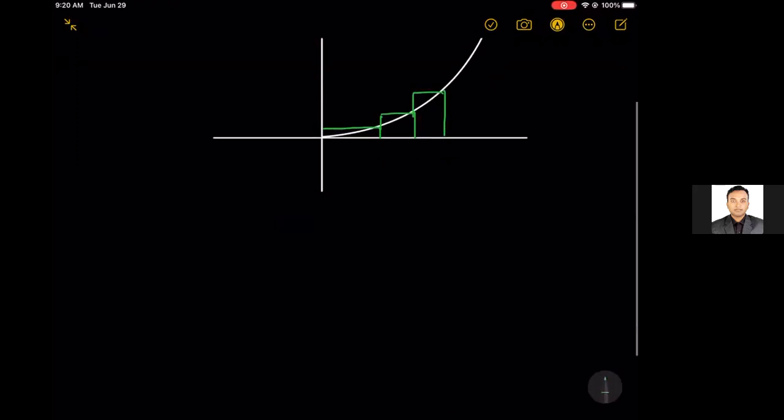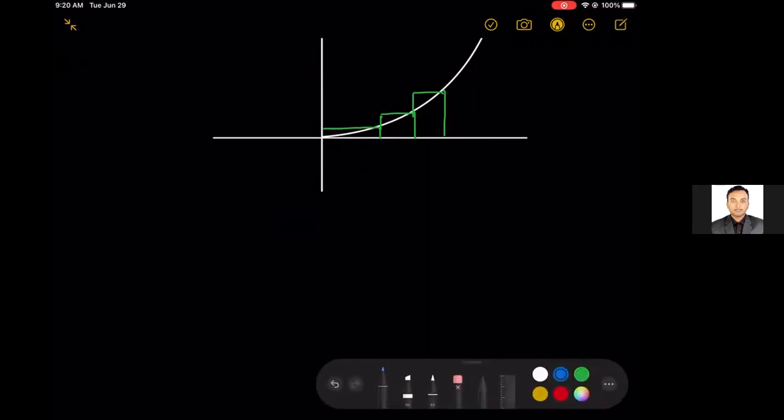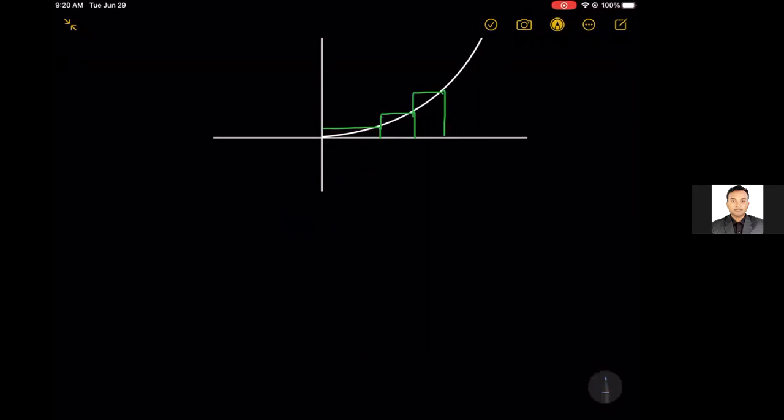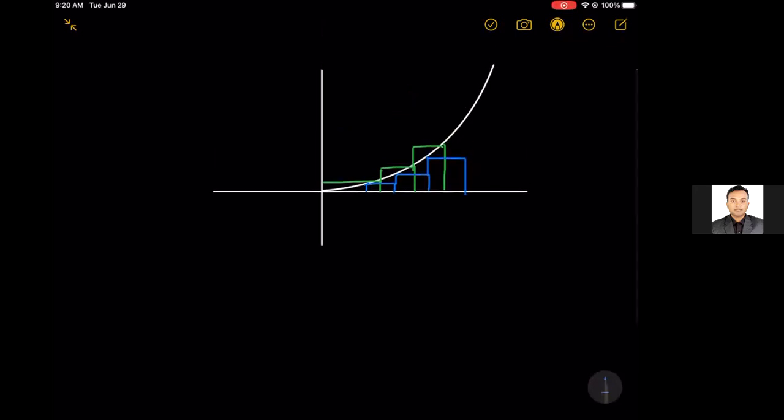Or we can do this. You see the differences here? Can you locate any difference when I'm trying to draw rectangles? When I'm trying to subdivide the area under the curve into some rectangles, can you see the differences in the rectangles?